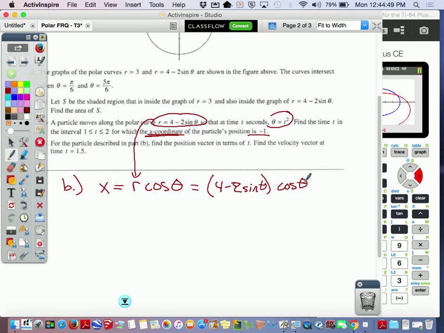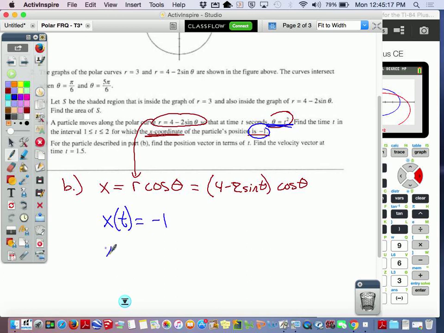Now, what gets weird about this question is that it turns from being about theta to being about t, where theta is t squared. And it's asking us to find for what value t is the x coordinate equal to -1. So I'm trying to figure out where x of t is equal to -1.